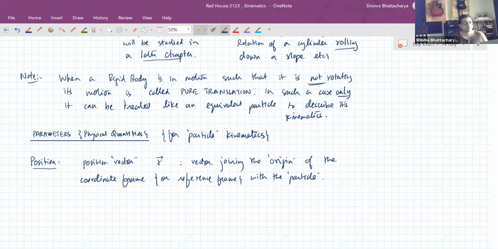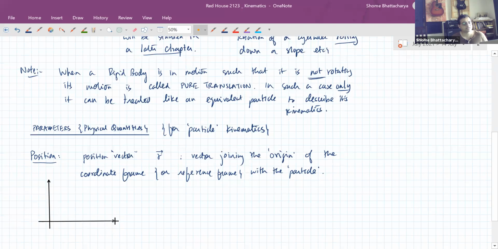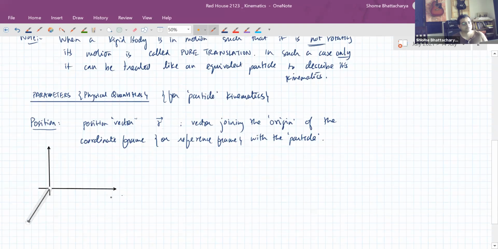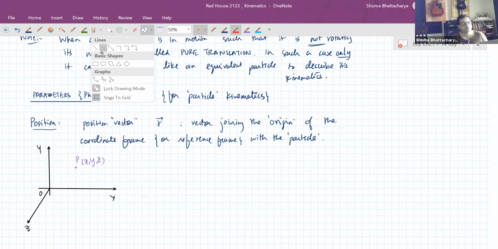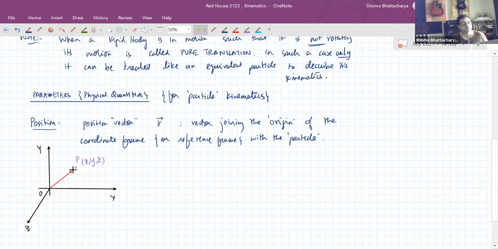So basically, if this is our system of coordinate axes, the normal three-dimensional XYZ system in general, and this is our origin. Now, if our particular particle is located at this point right now, let's say its coordinates are x, y, z, then its position vector will be described by a vector, the one joining the origin with the location of that particle.